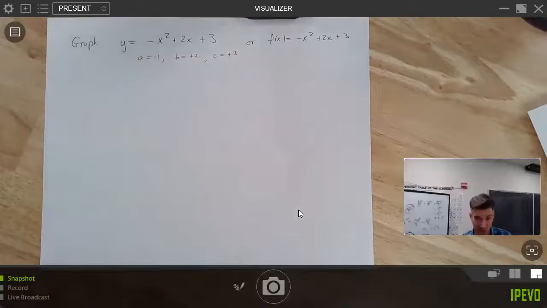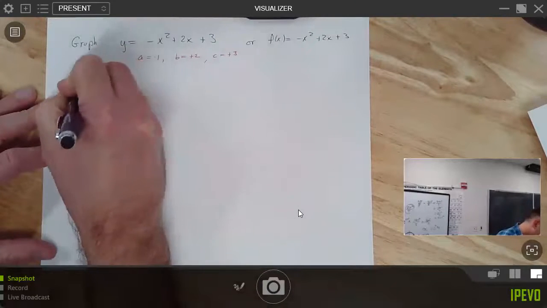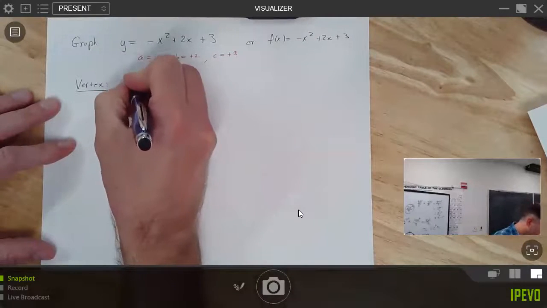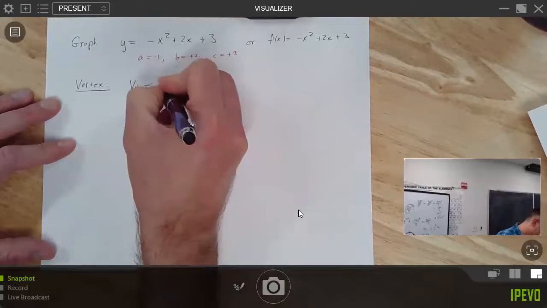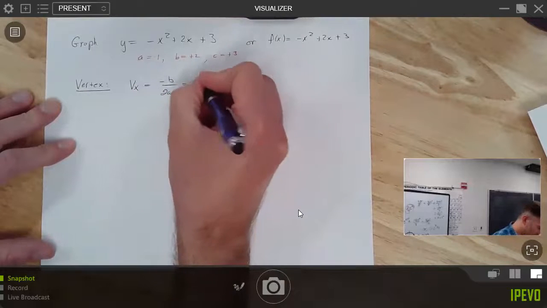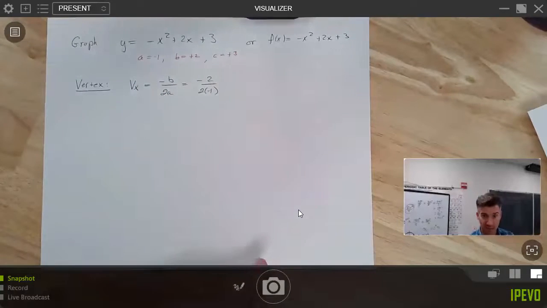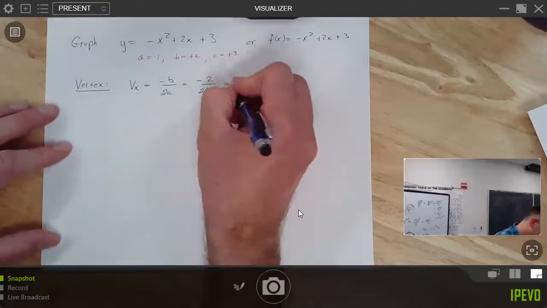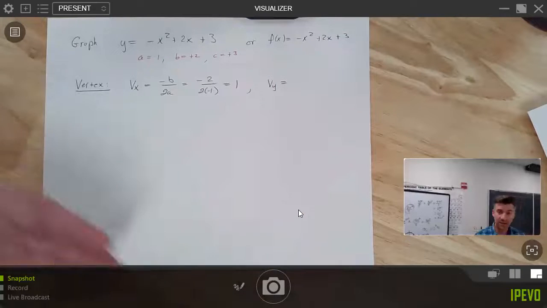I'm always going to start with the vertex. So my x coordinate of the vertex is negative b over 2a, which is negative 2 over 2 times negative 1. And negative 2 divided by negative 2 is positive 1. Great. For the y coordinate, I'm substituting that 1 back into the equation.